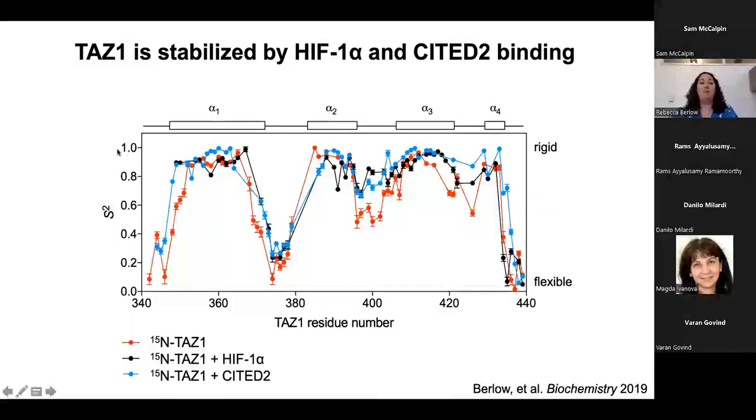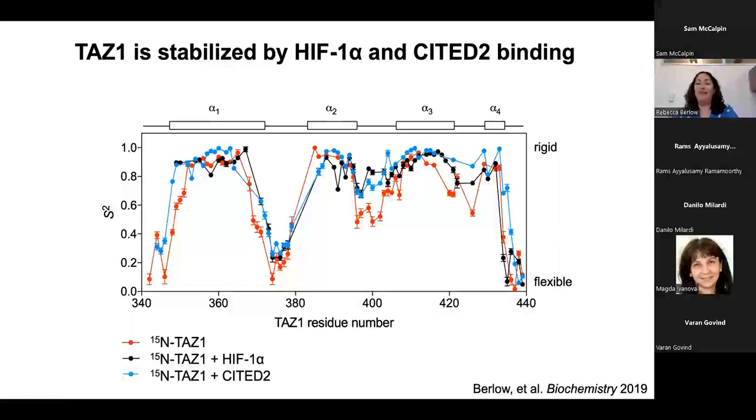And these are those same order parameters that I showed you earlier for the HIF-1 alpha and CITED2 bound to TAZ1. But now we're looking at TAZ1 in these experiments. And while there's a lot of data here that I don't expect you to be able to digest, I hope what you can appreciate is simply that the red points here that correspond to TAZ1 in its free state, without any disordered protein binding partner, are uniformly lower.